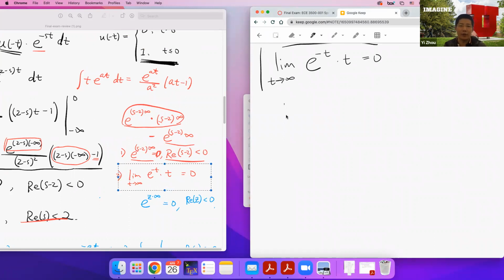If you write it as the limit of t over e to the power of t as t goes to infinity, you can see the denominator explodes exponentially fast, but the numerator explodes only linearly. So clearly the denominator is much, much bigger. That's why this term goes to 0.